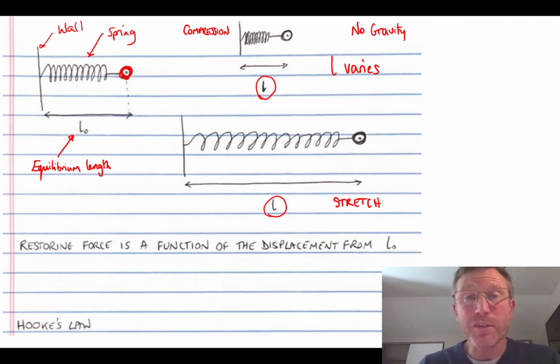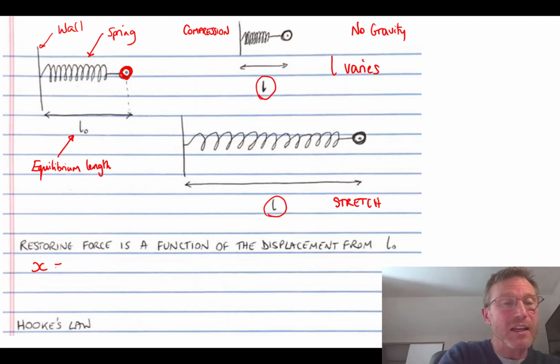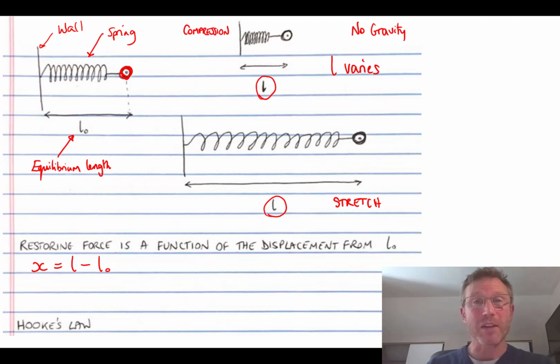And so we can write a couple of expressions about the position. We can write some expressions about the restoring force. What we're going to start is we're actually going to define x in here. We're going to say x is equal to the position L minus the equilibrium length. And actually, we're going to define x as the displacement.